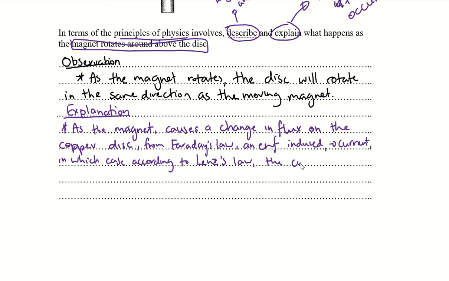the current generates a magnetic field that will oppose the original motion that caused it.